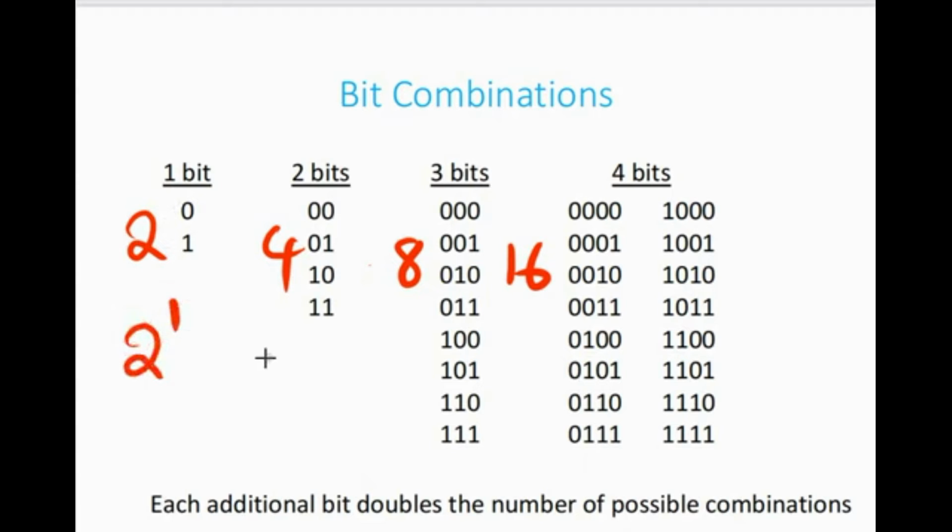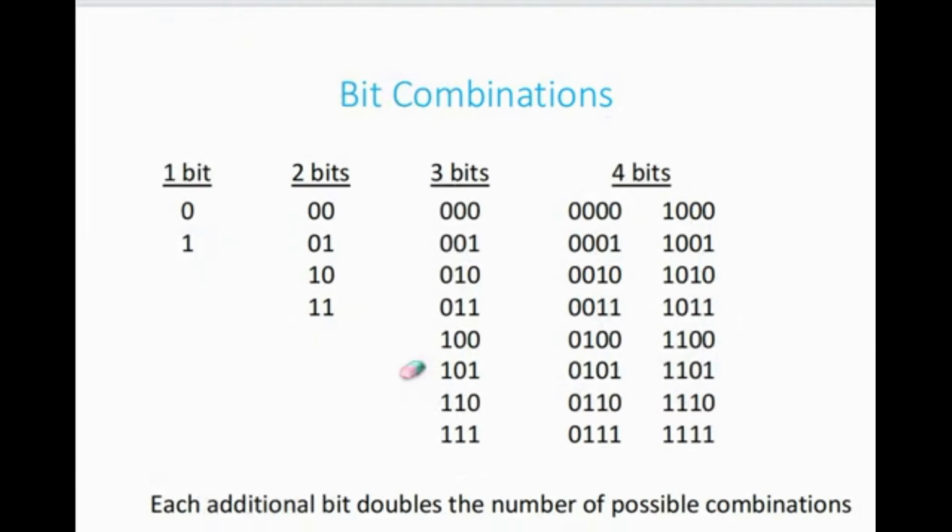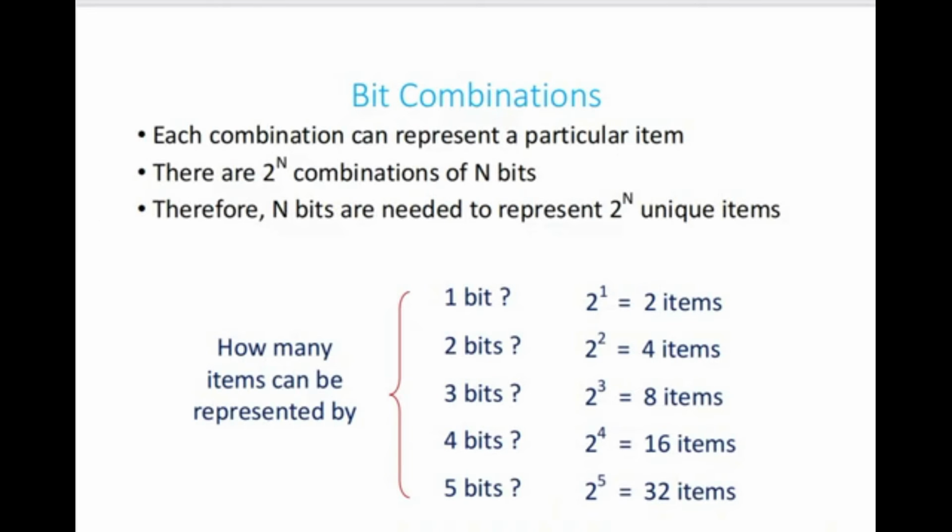So the number of possible combinations depends on the number of bits, where n is the number of bits. So bit combinations can be summarized with a formula we've derived: 2 to the power n combinations of any n bits. We've seen that already.